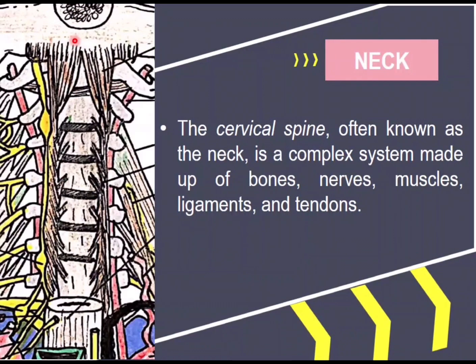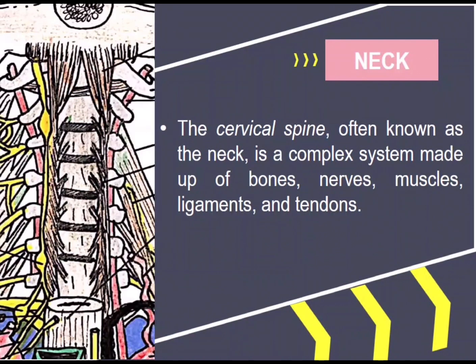According to the article Cervical Spine Anatomy by Salazar MD, the cervical spine performs several crucial roles, including protecting the spinal cord, supporting the head and its movements, and facilitating the flow of blood to the brain.